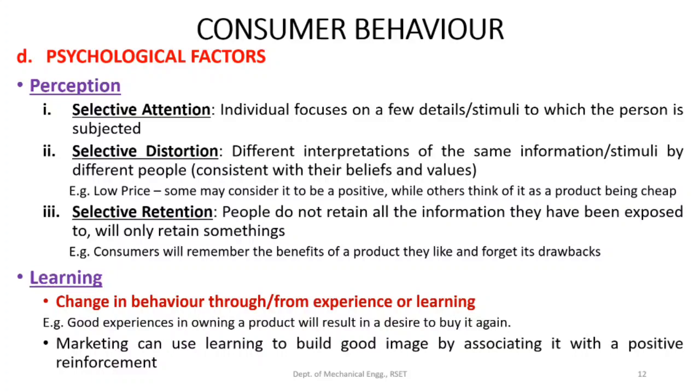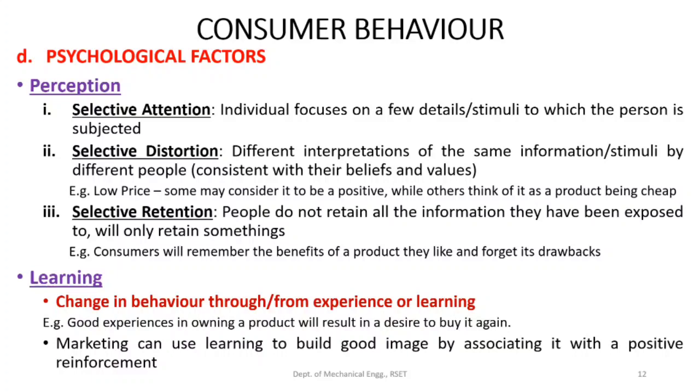Now the third kind of perception mechanism is called selective retention, and here people do not retain all the information that they are exposed to, but will only retain some. So here people listen to all the information that is given, but they do not remember or retain every piece of information. They only retain some parts of the information transferred. An example is consumers will remember the benefit of a product that they like and forget its drawbacks.